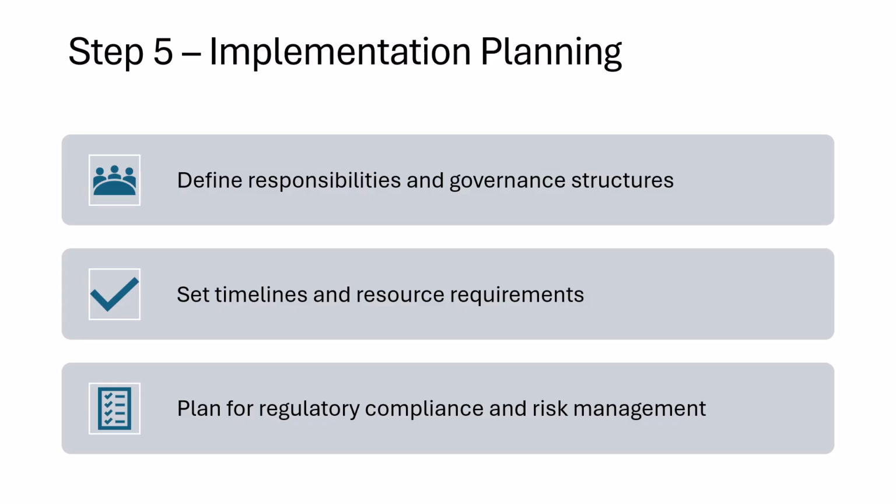Plan for regulatory compliance and risk management. So things that have very high risk and low risk must be considered, and how do you overcome high-risk tasks, and how do you overcome lower-risk tasks, and what are the regulations that you need to follow in order for you to achieve all this implementation planning.